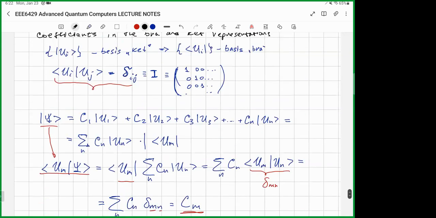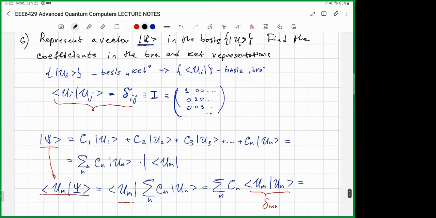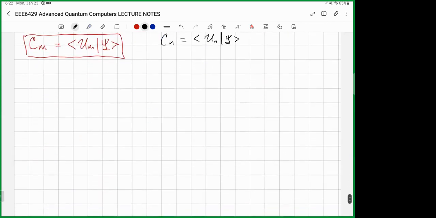Okay, but the problem also asks us to find the same in the bra notation. So what about the bra notation? In bra notation, our psi vector will be another series, Cn with the bra unit vectors un, right?